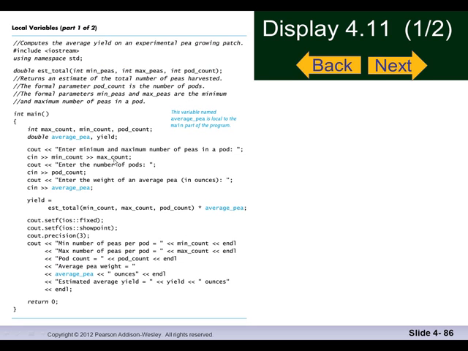Okay, so I have a double right here. It's called average P. Once again we have the declaration here with the semicolon and the comment on it. Now, I am going to be reading in average P, and I'm going to be multiplying it over here, and using it over here.